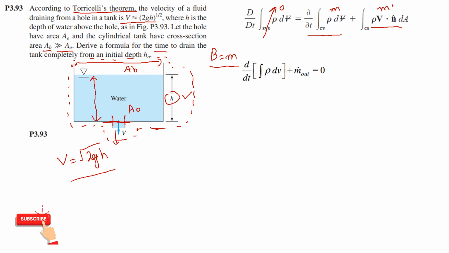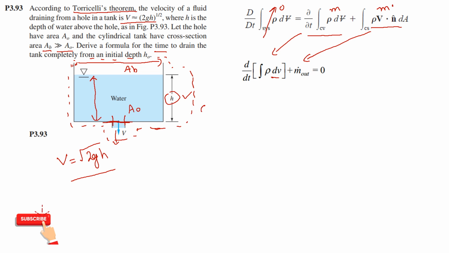This is how our simplified Reynolds transport theorem of mass conservation will look when we apply our assumptions. This is the control volume term, and this is the control surface term that will come out from these integrals. Now we are going to represent this volume in terms of area and height h.